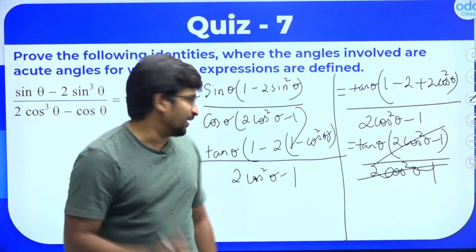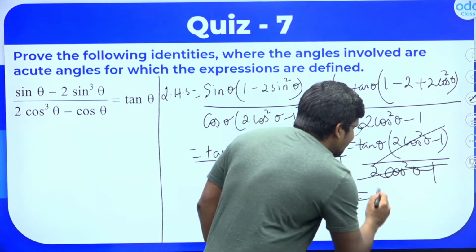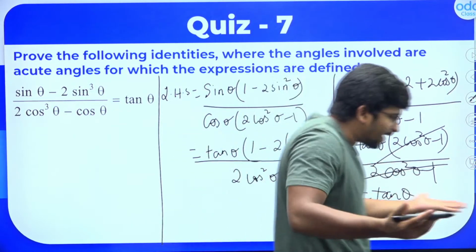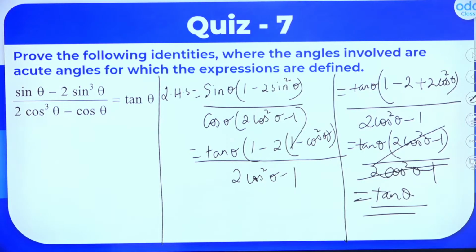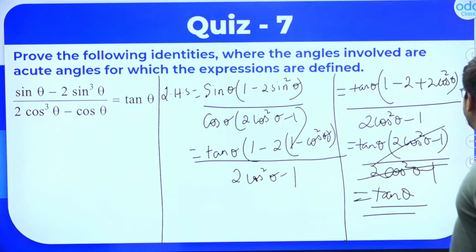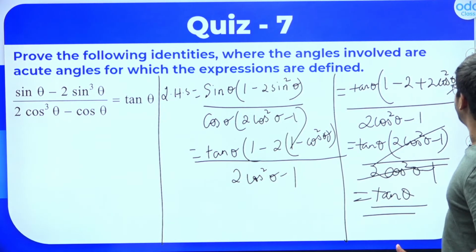So what are we left with? We are left with just tan theta alone. So LHS is equal to RHS. Hence it is proved that (sin theta minus 2 sin cube theta) divided by (2 cos cube theta minus cos theta) is tan theta.